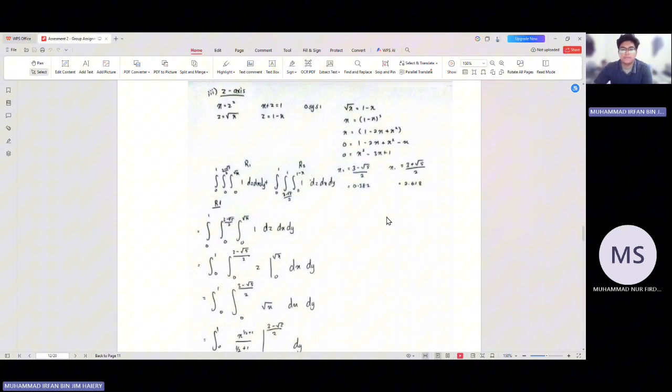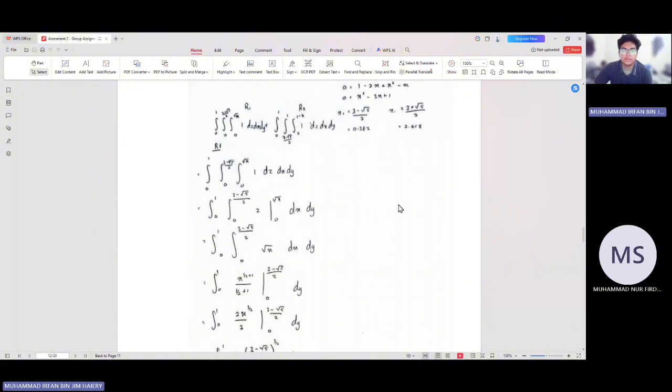We place our limits in R1, where dz is 0 to x, dx is 0 to 3 minus root 5 over 2, and dy is 0 to 1. Region 2 is dz from 0 to 1 minus x, dx from 3 minus root 5 over 2 to 1, and dy is 0 to 1.